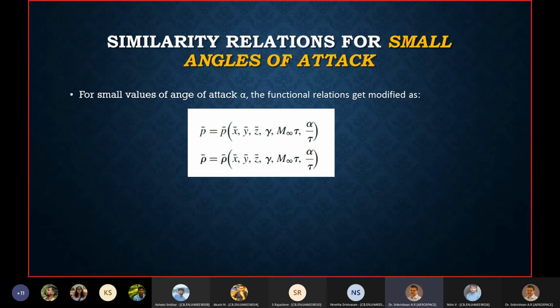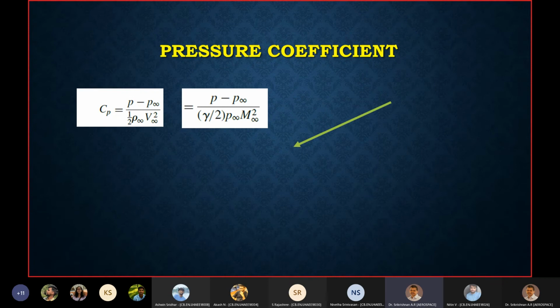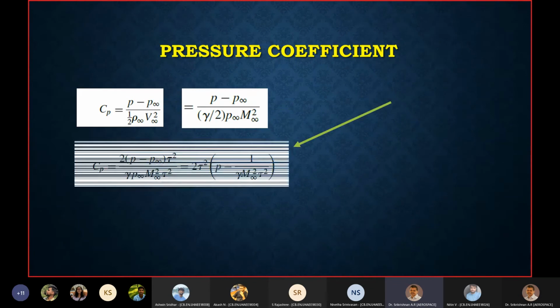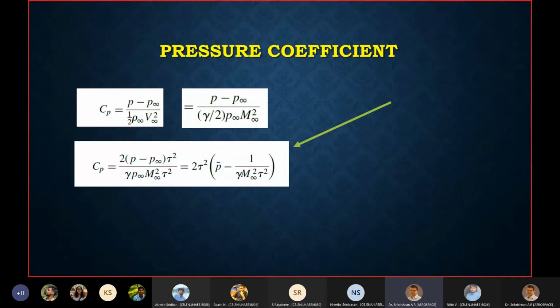Which means that if you have affinely related bodies exposed to different flow conditions, but they have the same M infinity into tau and alpha by tau, then they will have the same non-dimensionalized pressure distribution, density distribution, velocity distribution, etc. Since pressure P bar can be related to Cp very easily, you can just go through this one. It's just algebra that relates P bar to Cp.